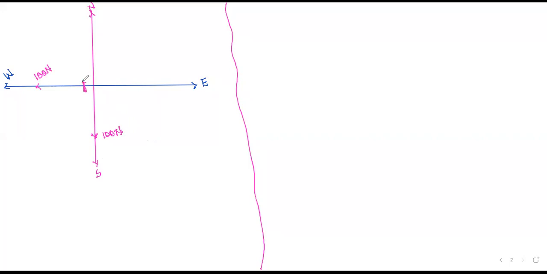Concurrent forces mean they are acting on the body at the same time. So this is the body. It's like we have a box that is being pushed by two forces. One force pushes due west. Another force pushes due south. What will be the direction of the effect of the two forces and then the magnitude?